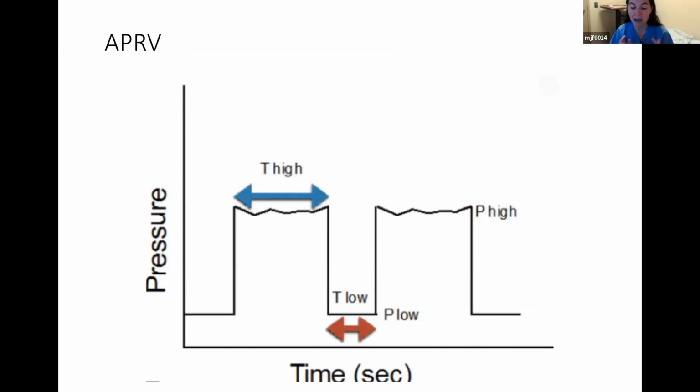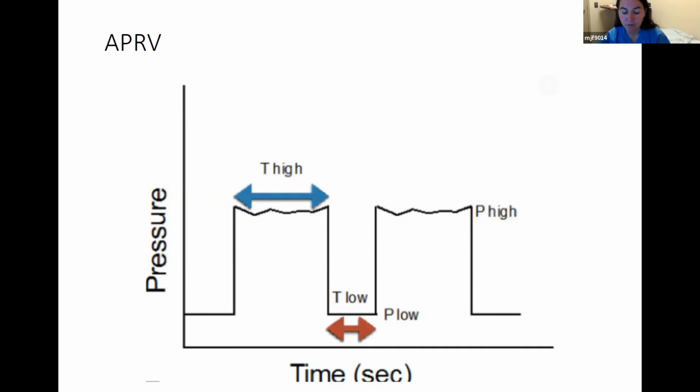So that's your P high, held for a long time. That's your T high. And then it's followed by a drop in pressure to P low for a shorter duration, which is your T low. So you set all of those values, the idea being to maximize alveolar recruitment and limit the amount of deflating that the lung can do. So, just going along with that open lung strategy.